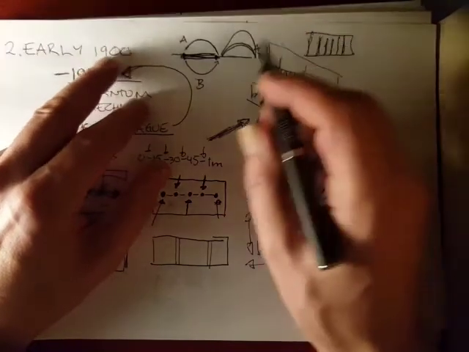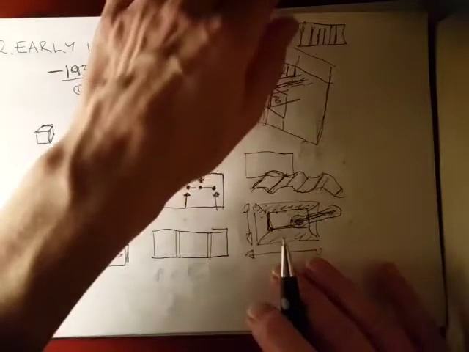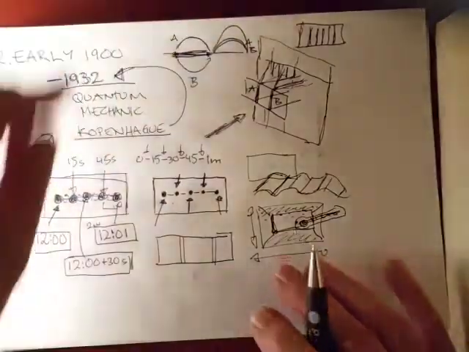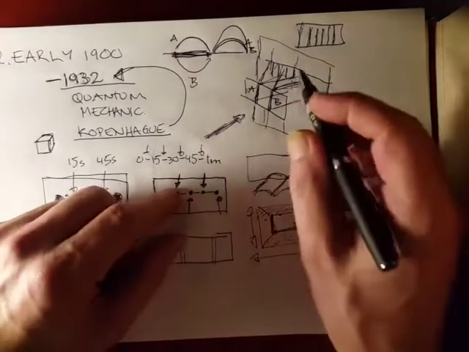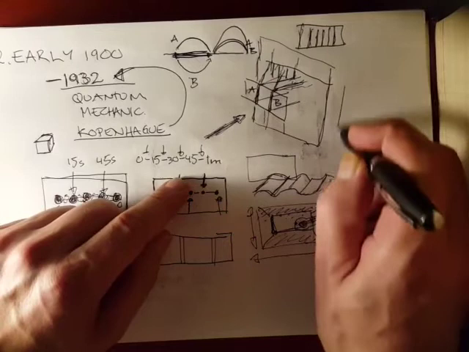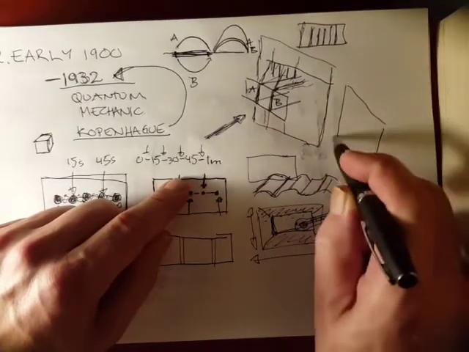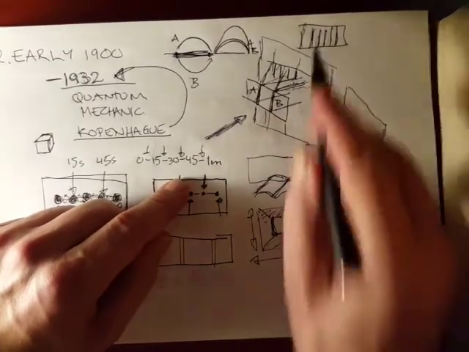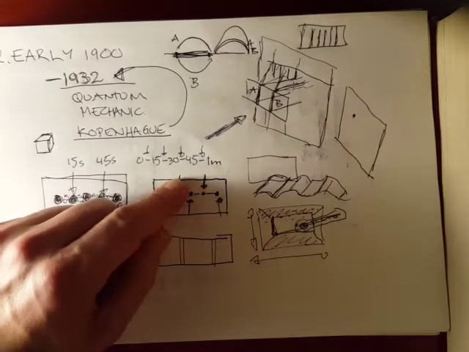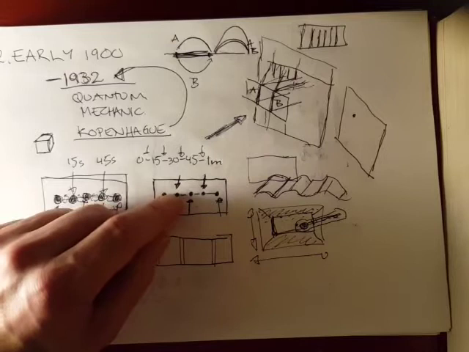Okay? Now, if you take a fundamental particle, a quantum particle, and send them one by one to this screen, what will happen is you won't see a wave. You will see something registered at a position.